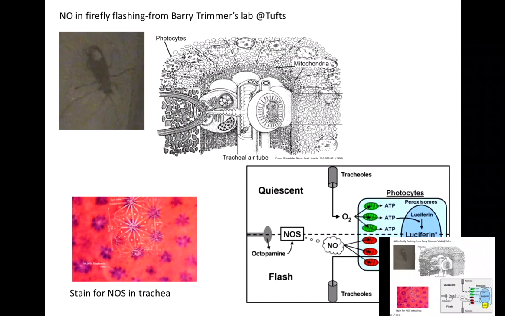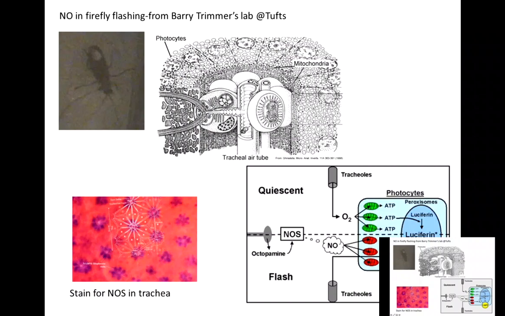So in insects, they deliver oxygen to their cells in a different way than we do, in that they have a direct connection to the outside air through these tracheals, and they terminate in this structure called a rosette, and the cells are right next to that rosette with the mitochondria packed up right against that.